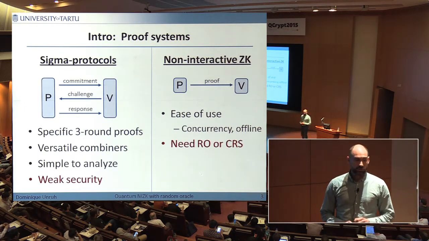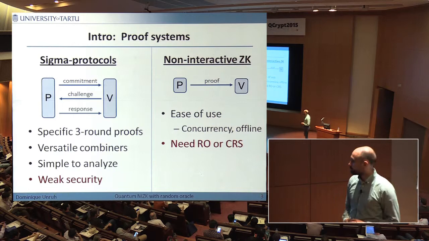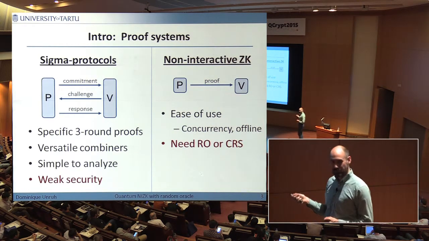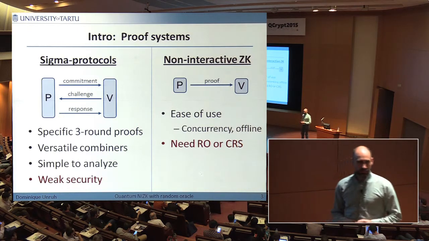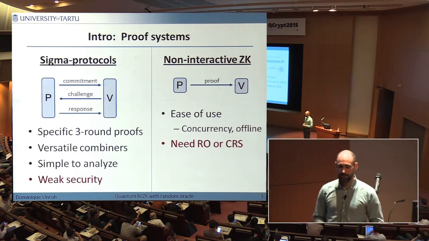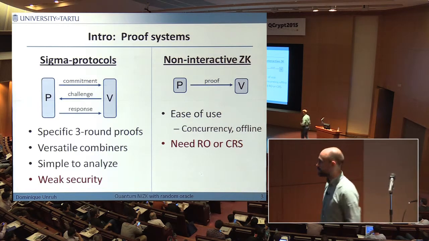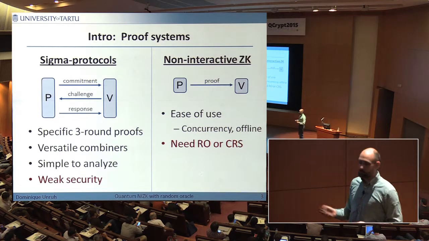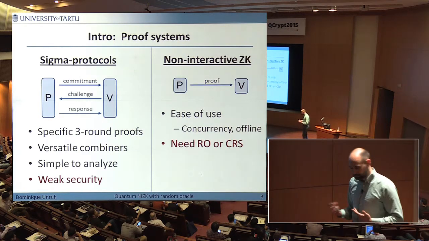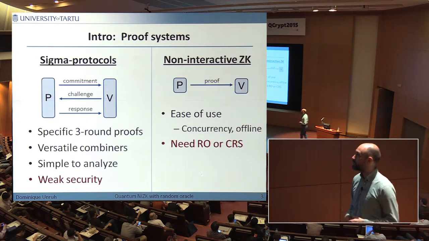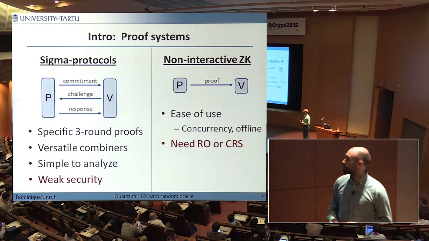But they also come with a number of disadvantages. The first is they don't actually exist, at least not in the form I've drawn them here, because they will always need some additional setup that supports them. Namely, we have basically the two well-known choices for how we can actually construct non-interactive zero-knowledge proofs.